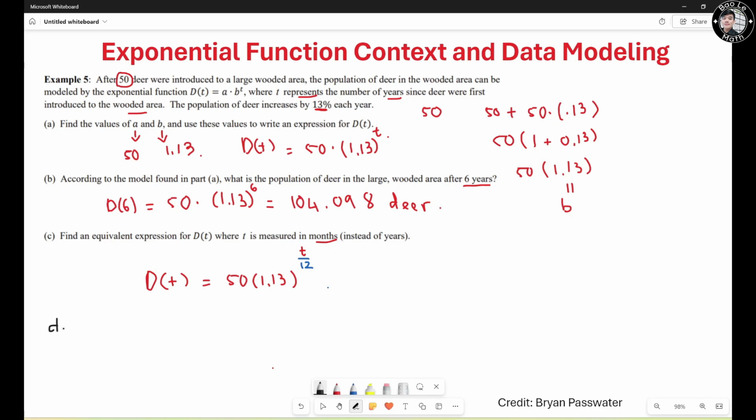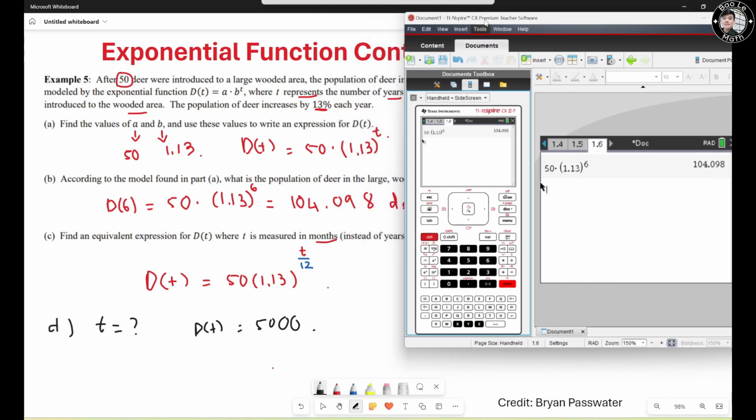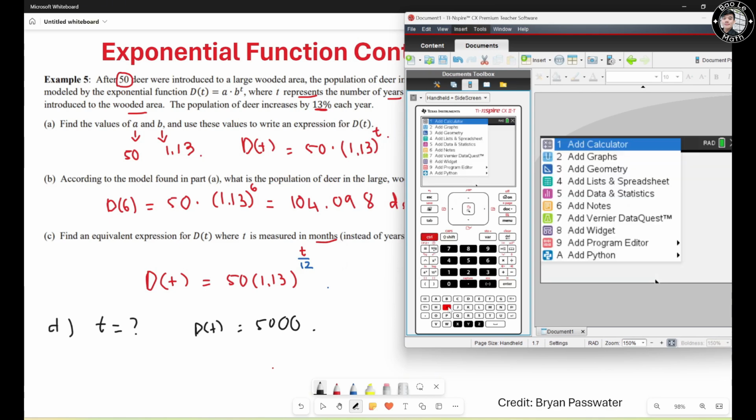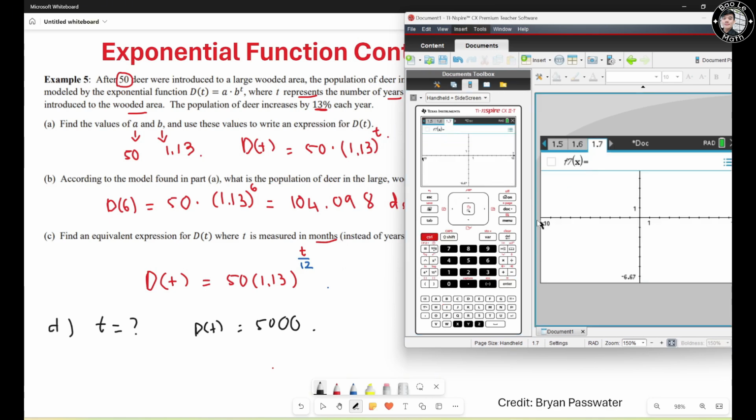Now question D. We need to find the time t when the population is 5,000. Alright, so we do exactly the same thing as in example number 4. So we're going to hit Control I. So we hit add graphs right here. Now we input the function, which is 50 times 1.13 to the t, which is s.